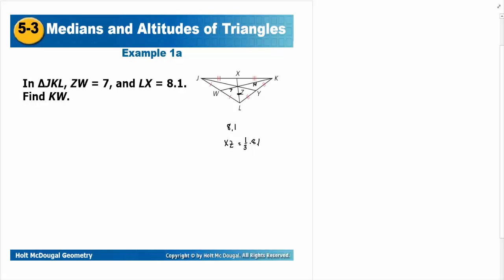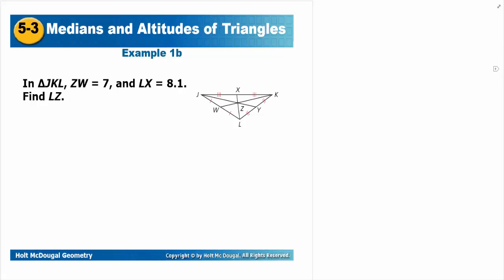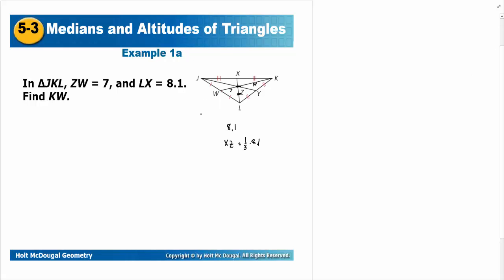Remember, if I broke it up into 3 pieces, 2 of them would be LZ, 1 would be XZ. Now in this case, I don't need to do that. I just want to show you that regardless, because that's what we're doing on the next one. Yeah, we're doing that on the next problem anyway. So I'm kind of solving 2 problems at once.